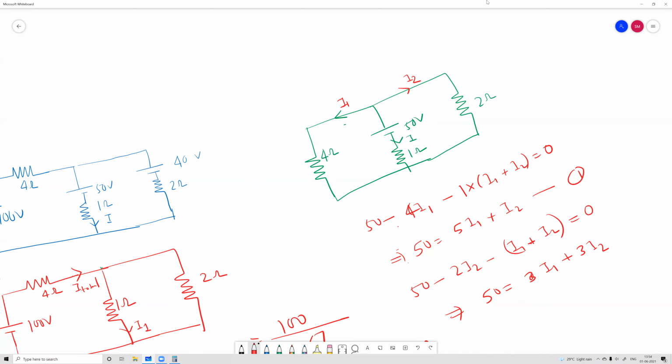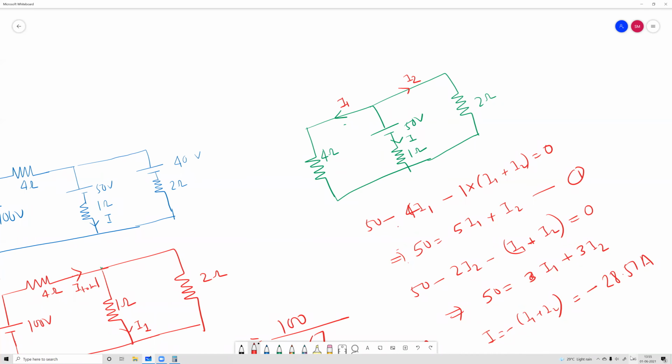Sir, I is 28.57. I means this I, right? This I1 plus I2. So I here is minus (I1 plus I2), right? That is 20 minus... minus 28.57 probably. Maybe 21. Let's check once more. Maybe 21.4.